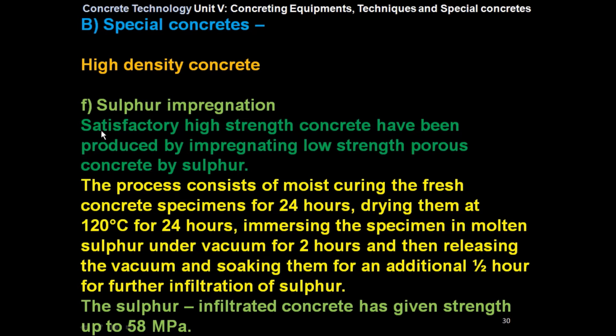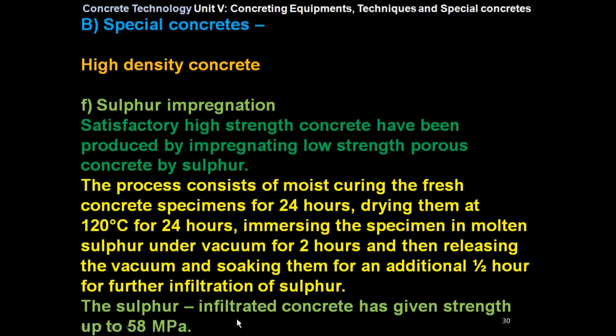The sulfur impregnation: satisfactory high strength concrete has been produced by impregnating low strength porous concrete with sulfur. The process consists of moist curing the fresh concrete specimen for 24 hours, drying them at 120 degrees Celsius for 24 hours, immersing the specimen in molten sulfur under vacuum for 2 hours, and then releasing the vacuum and soaking them for an additional half hour for further infiltration of sulfur.